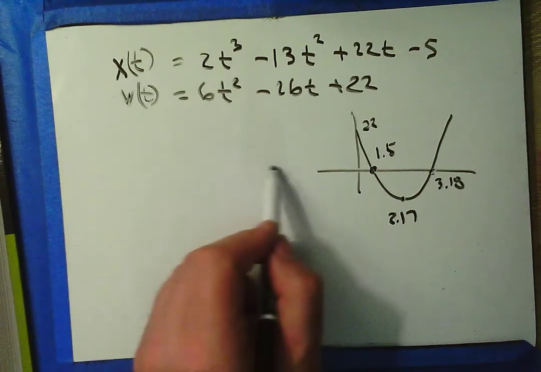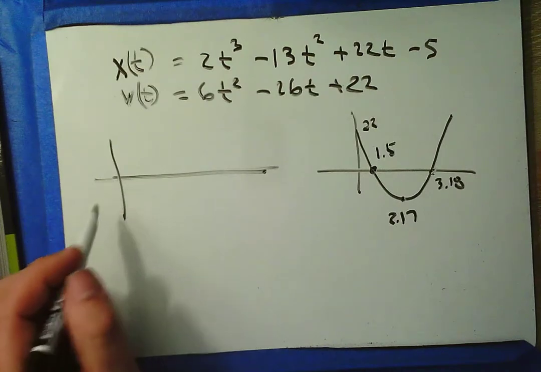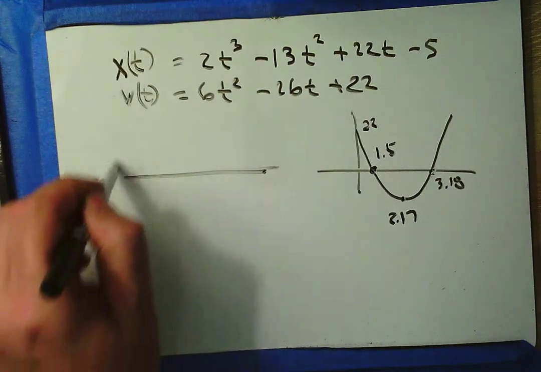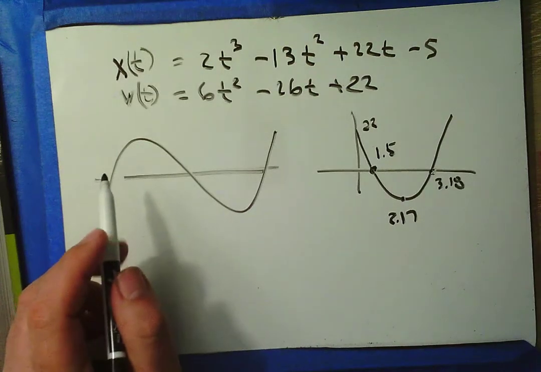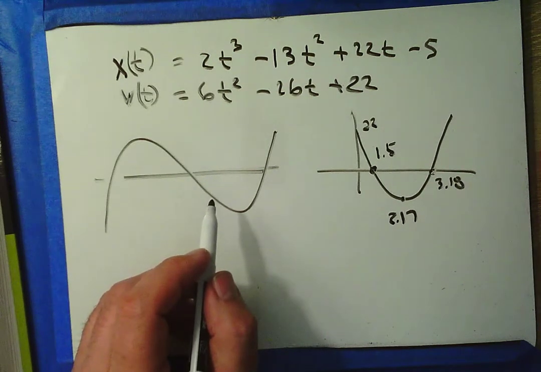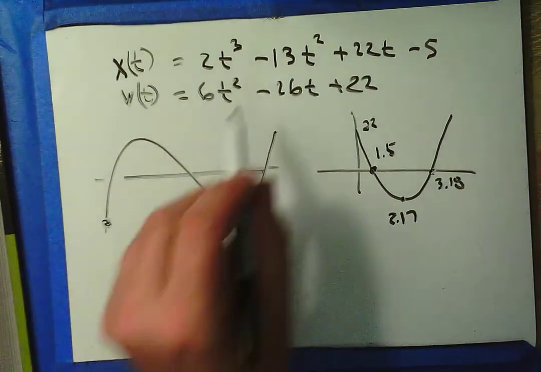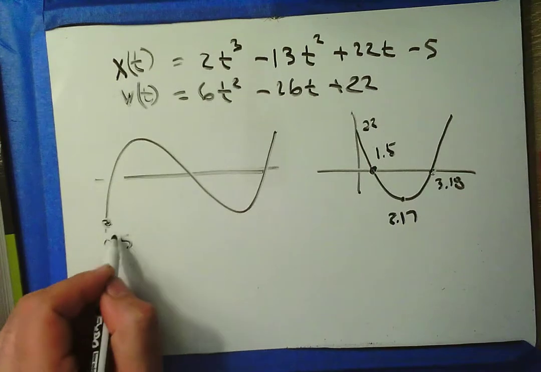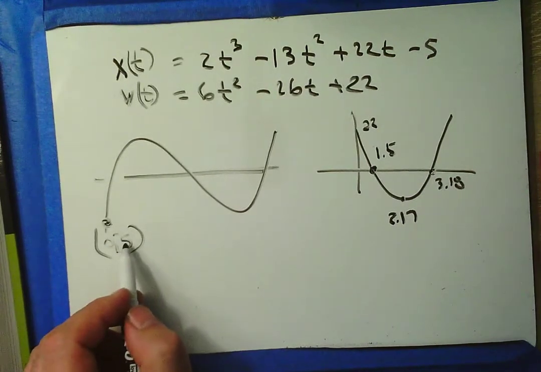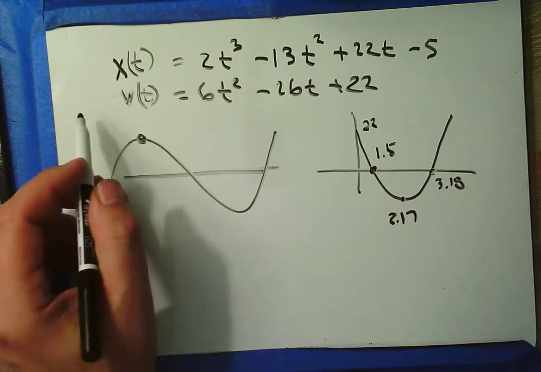Let's look at our position function for a moment, our x of t. Our x of t is this polynomial function, and I've got zeros at, do I have zeros at? Time equal to 0, x is negative 5. Okay, so if I plug a 0 in here, I get negative 5. I know the initial position is 5 to the left of something. Okay, and then here, this is at time equal to 1.